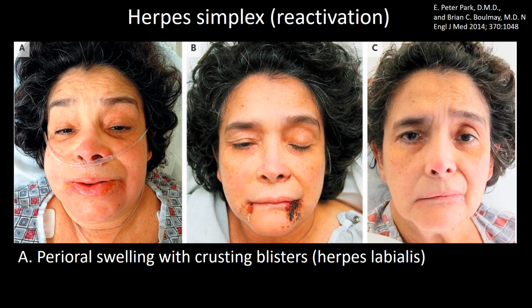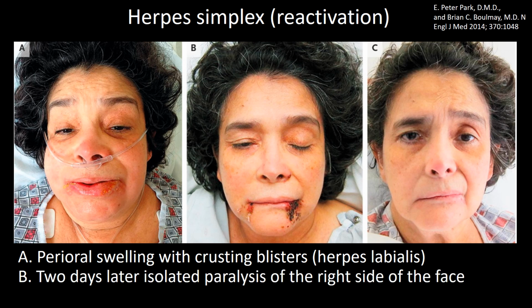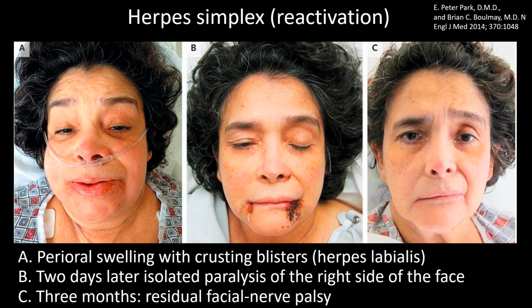This is the typical lesion seen in labial herpes simplex infection. 2 days later, she developed an isolated paralysis of the right side of the face. And 3 months later, right hemifacial weakness was still present. In many cases of facial paralysis suspected of being produced by herpes simplex reactivation, cutaneous manifestations are not present, yet treatment with acyclovir is recommended.